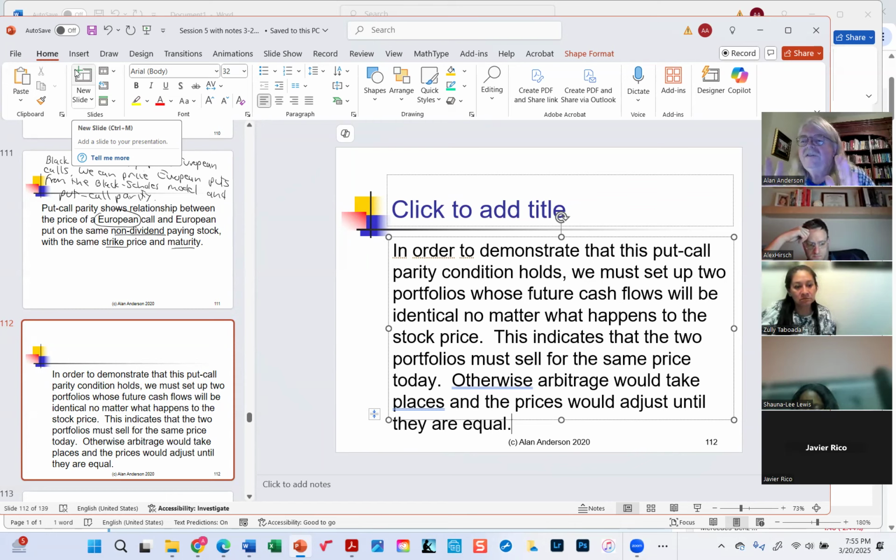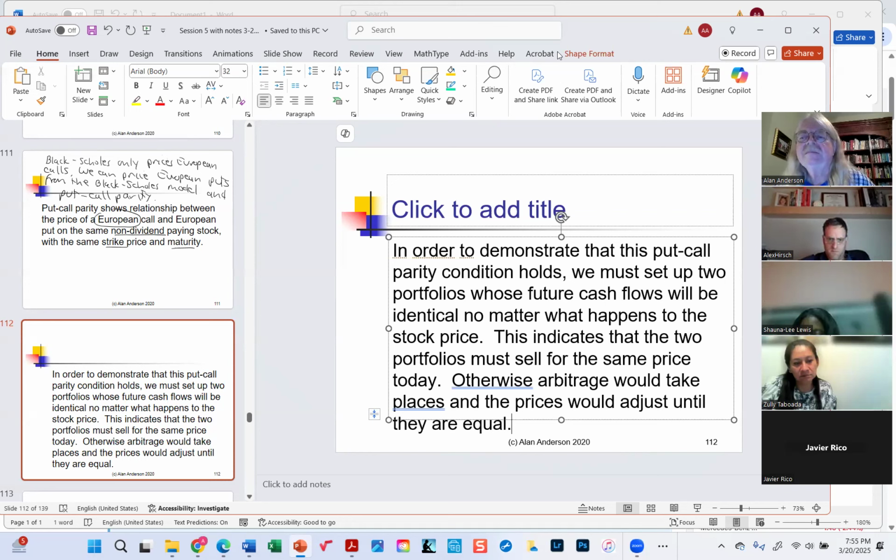If you can keep your heart from beating too fast, in the next 20 minutes we'll have a bit of a snack and come back and see exactly why this is true. In the meantime, I'll stop the sharing so that we don't have 20 minutes of blank space in the recording.